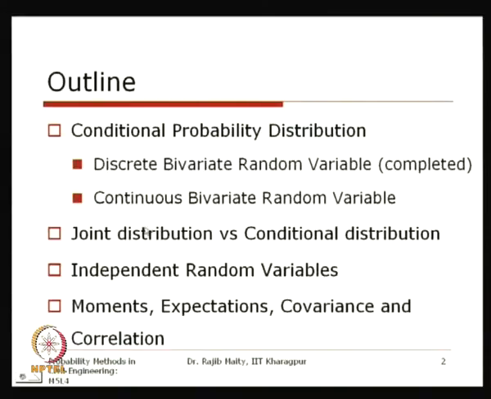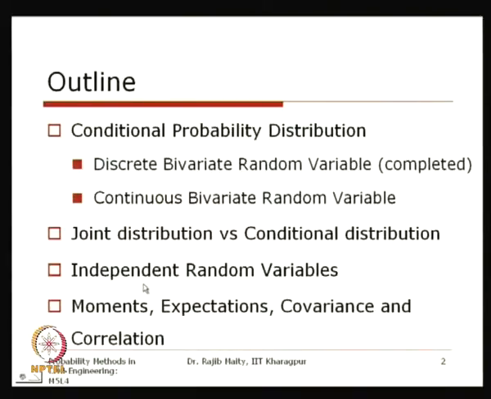Then we will also go with the joint distribution versus conditional distribution. This is in both cases, discrete as well as continuous. Then the concept of independent random variables we will see in the light of this conditional probability distribution, and some probabilistic conditions we will see to declare two random variables to be independent.